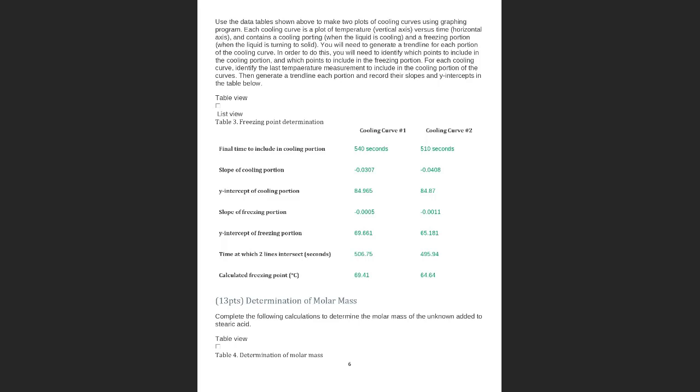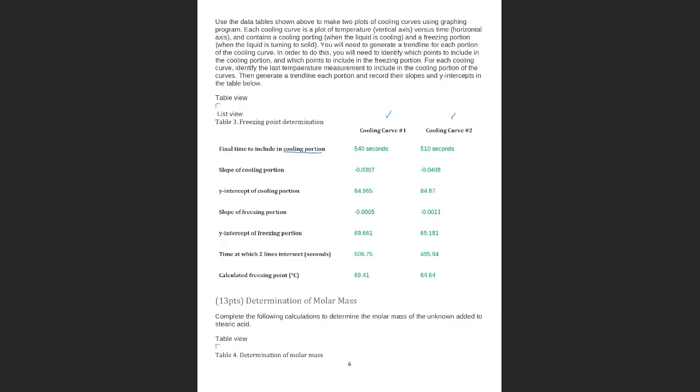And then they will ask you, first, the final time to include in the cooling portion. This is what we just talked about. So for the cooling curve number 1 and number 2, we discussed that the difference in temperature has to be lower than 0.5.